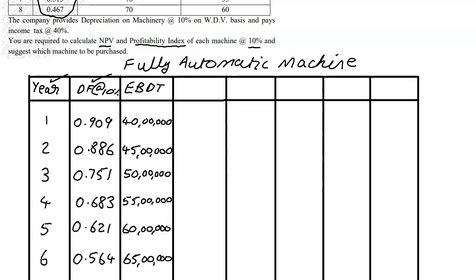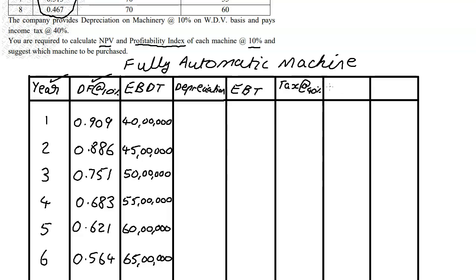The next step after we have earnings before depreciation and tax is to subtract the depreciation. After subtracting depreciation, we get ourselves earnings before tax. Then we can calculate tax, and tax, they have told us, is at the rate of 40%.